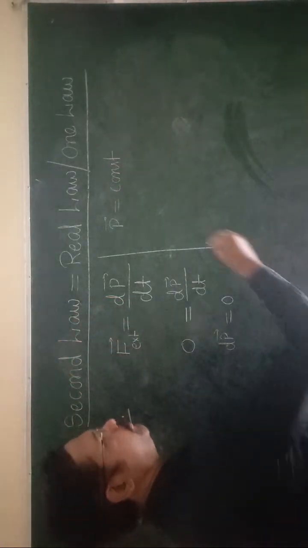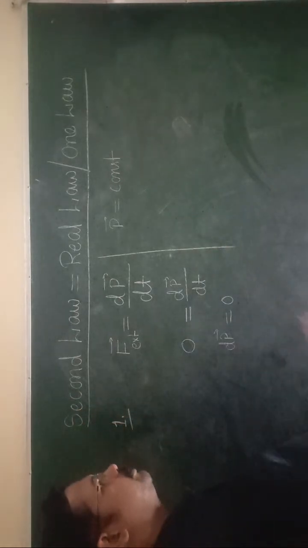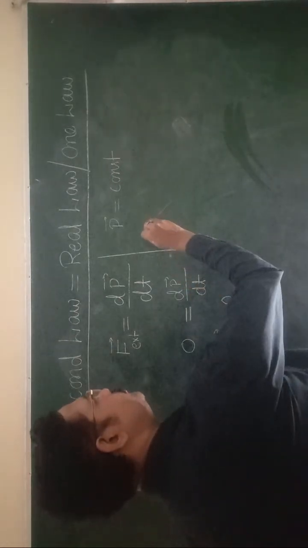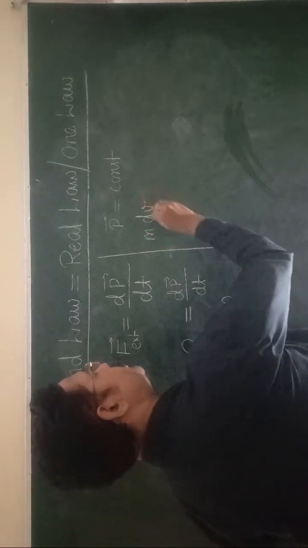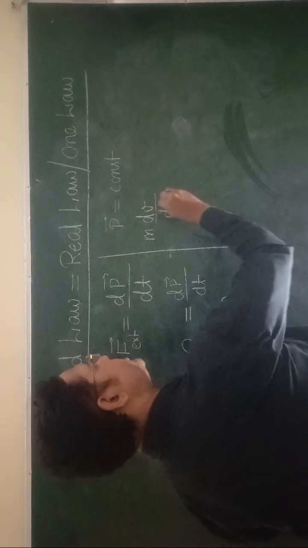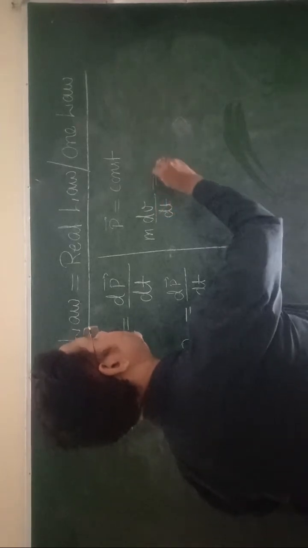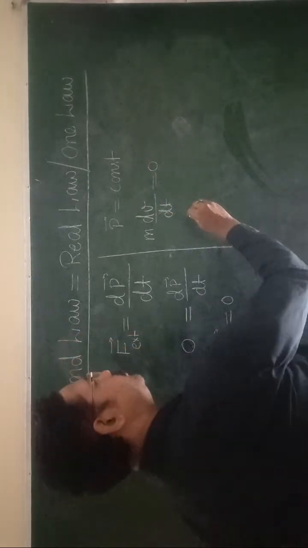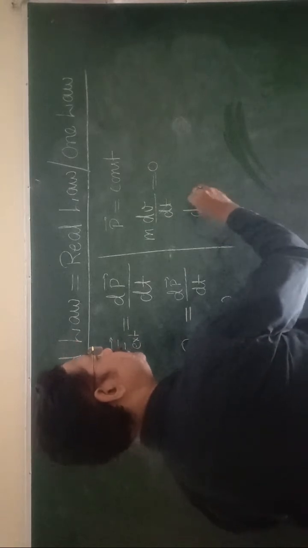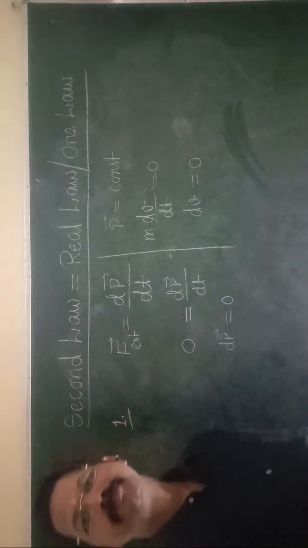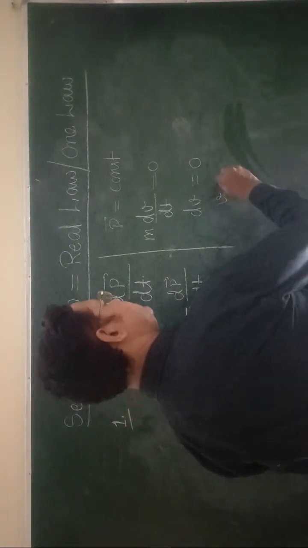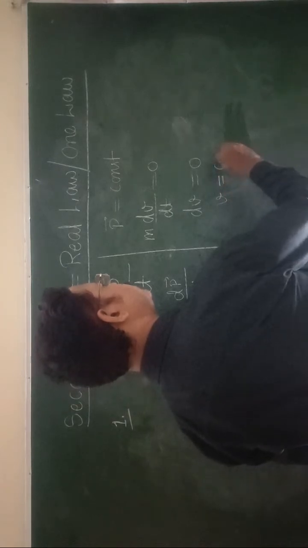Again, there is mass in the momentum, and you can write m dv upon dt equal to 0. It means dv is also 0. It means velocity is constant.